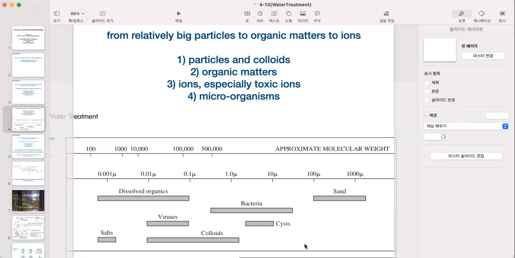Okay, if I say our organic matter in water is to be removed, if you have a certain organic matter in Nakdong River with a molecular weight of 1,000, what kind of organic matter do you think it is? 1,000 Dalton.